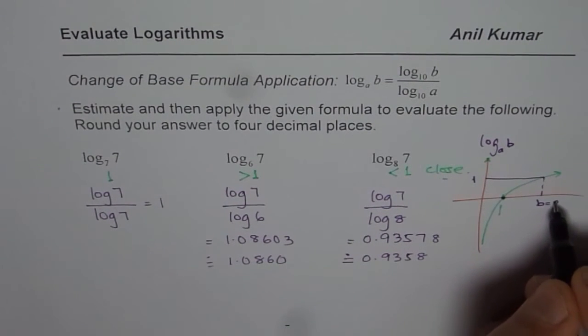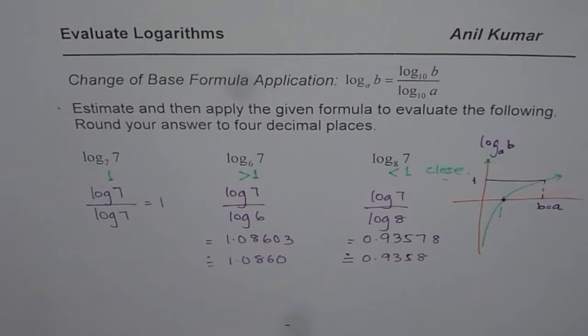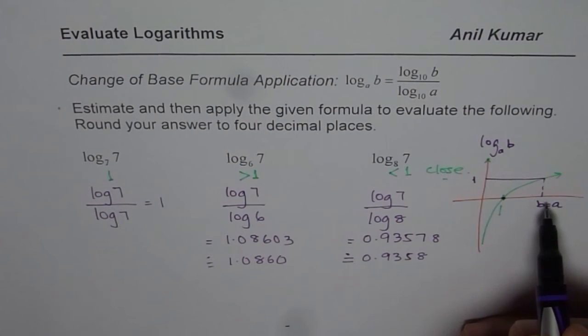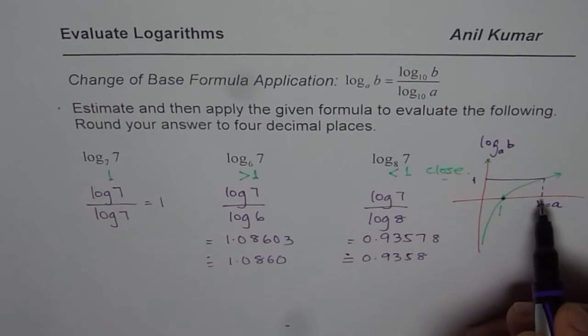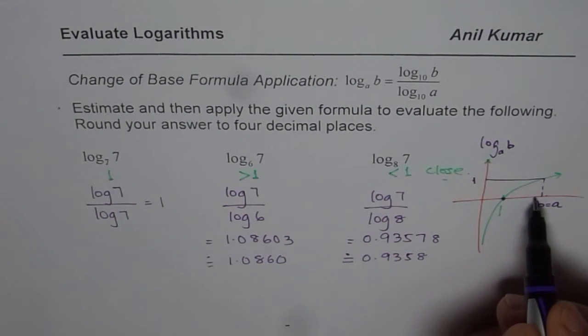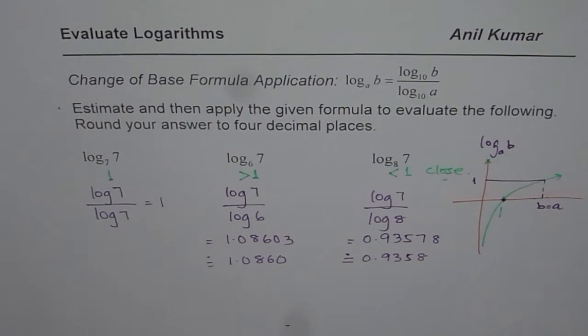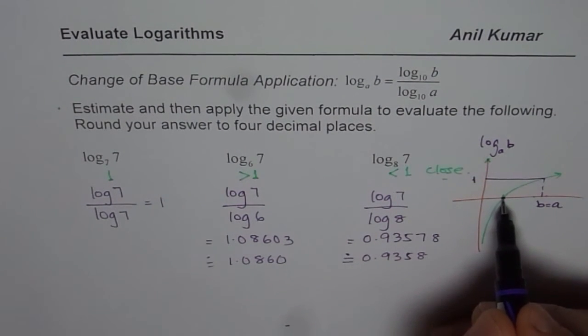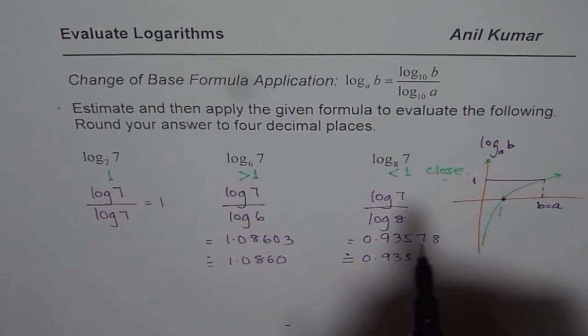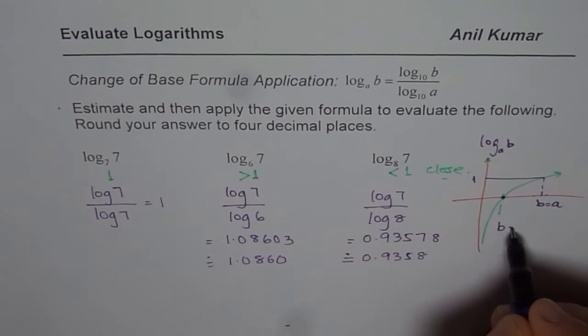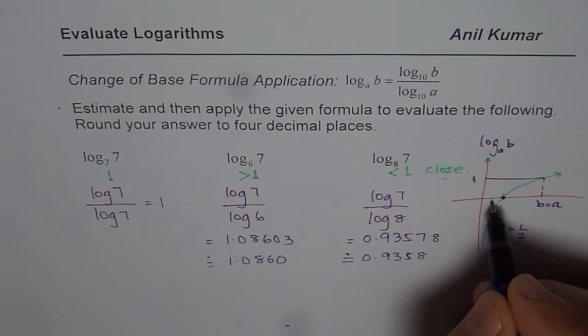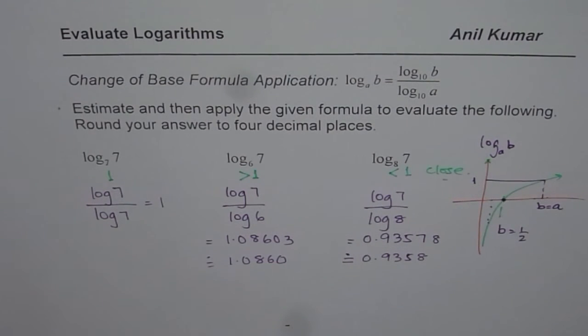So when b equals a, I should write like this. So that way it works out. So if the b value is slightly more than a, then we'll have more than 1. If it is less than a, we'll have less than 1, correct? And if it is a fraction, right, if I write b equals half, then we get a negative value, correct? So that is how we can actually estimate.